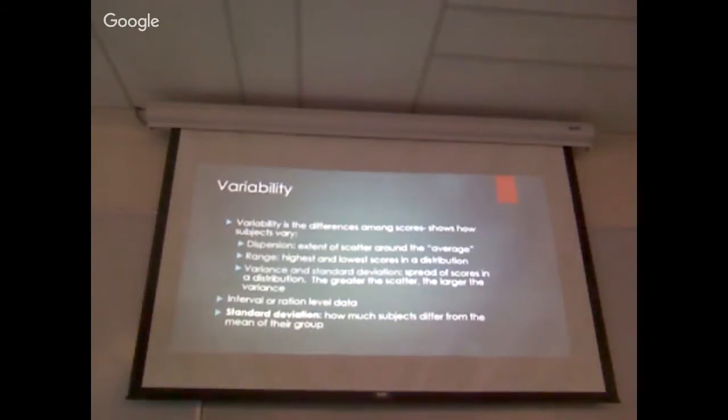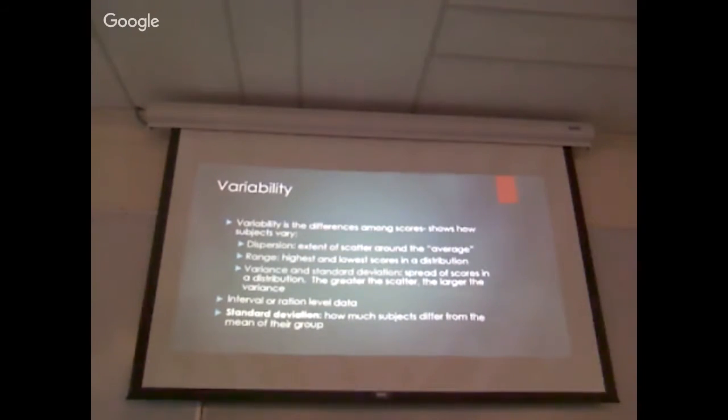Well, we try to calculate average amounts of spread or dispersion from the mean, usually with interval or, okay, I need to correct that. Interval or ratio. We're going to use ratio data here, so pay attention because here comes a little bit of data. Okay, so that should be ratio data.